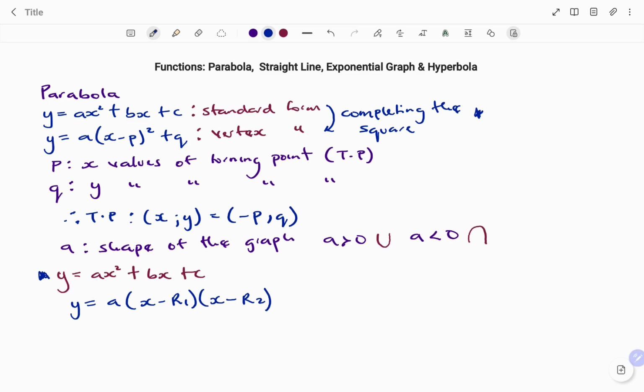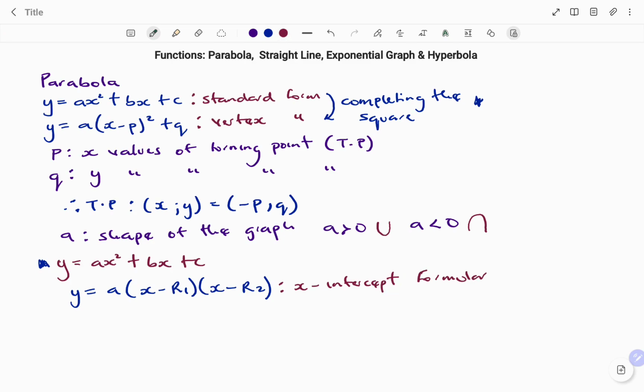Therefore, I'm going to tag this format my x-intercept formula. In this format, my r1 and my r2 are my x-intercepts. Note that at the x-intercept, the value of my y is 0.